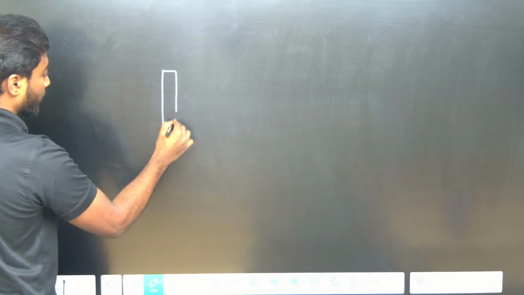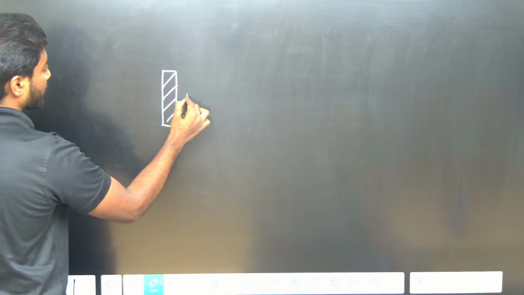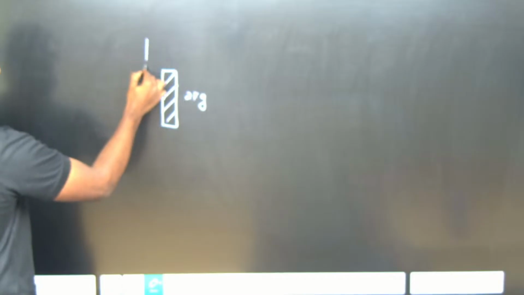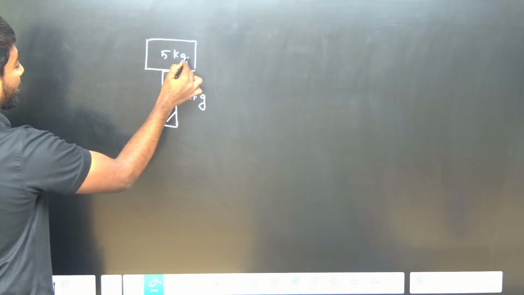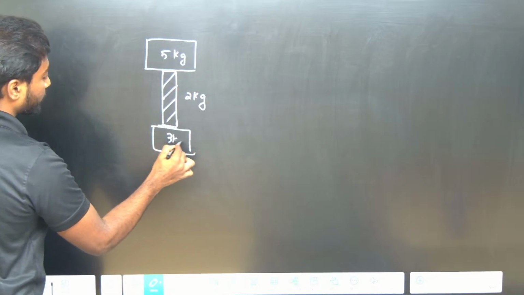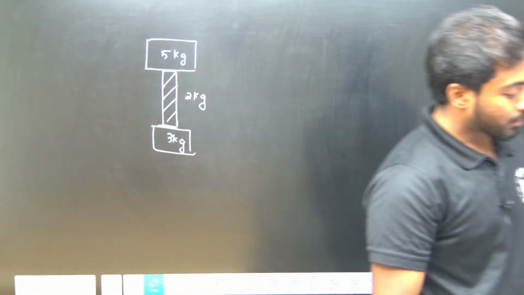This is the rope of mass 2 kg, and on the upper side of the rope one block has been attached, that is the 5 kg block, and on the lower side it is the 3 kg block. This is the given question.